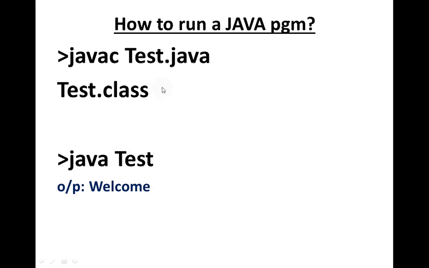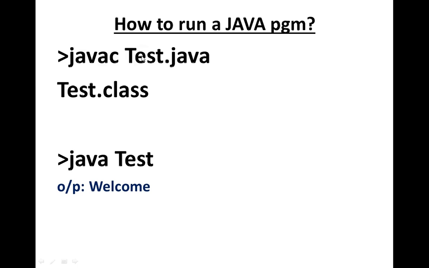Next, how to execute the Java code? For this we are using the JDK, Java Development Kit, which consists of the JVM, Java Virtual Machine, which consists of both a compiler and an interpreter. In general, a programming language may be a compiled language or an interpreted language, but Java is both compiled and interpreted. First we compile the Java code with the help of the Java compiler.